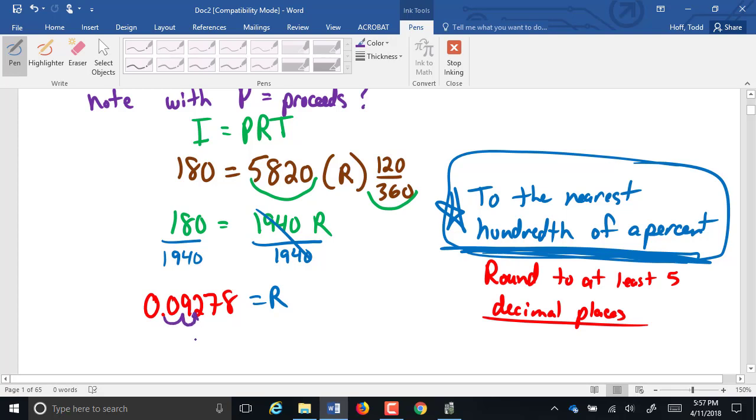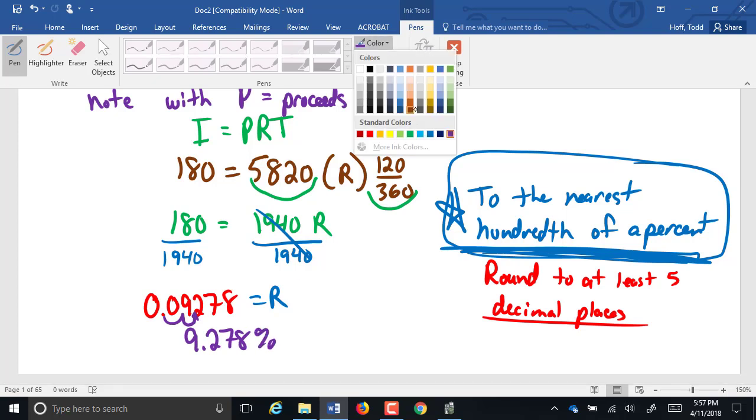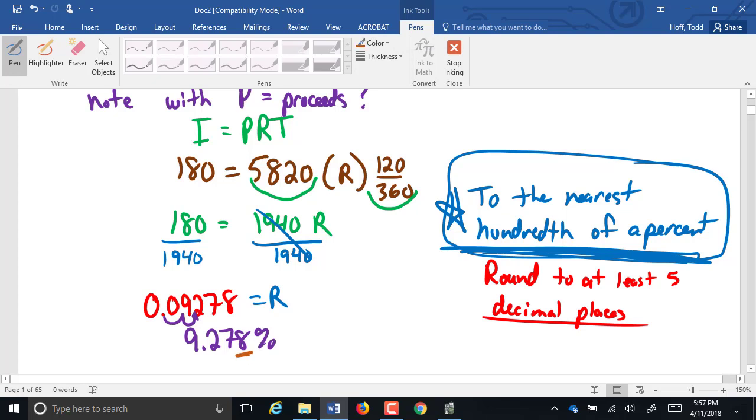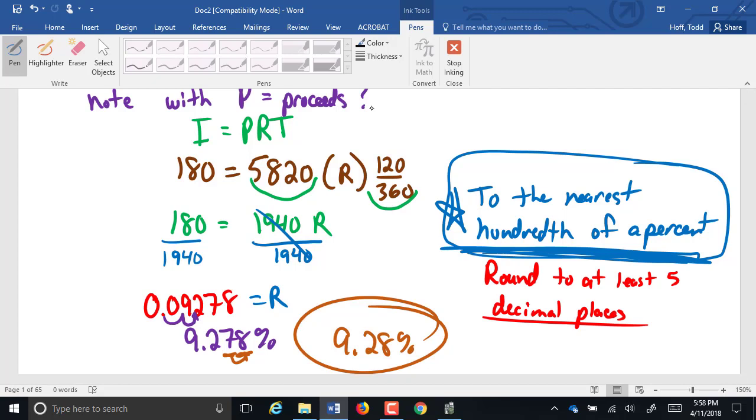I have to move it 2 spots. 9.278%. And we still have to make sure we can round it to the hundredth. That'd be here, so that 8 tells us that it rounds up to 9.28%. So effectively, even though the loan states that it's 9%, we are paying 9.28% interest on it.